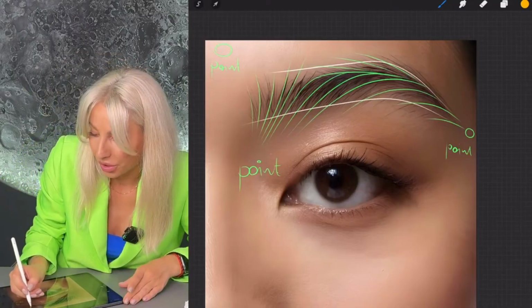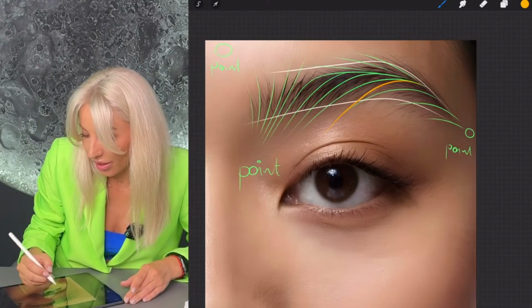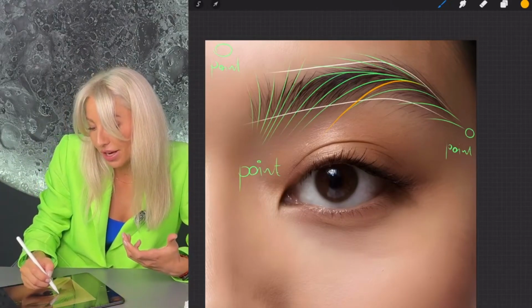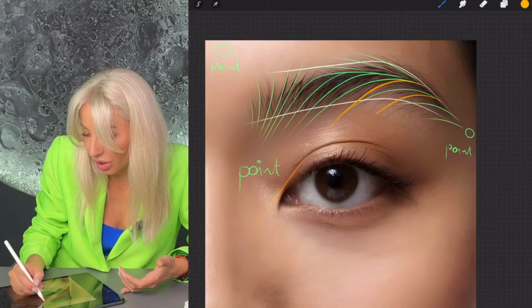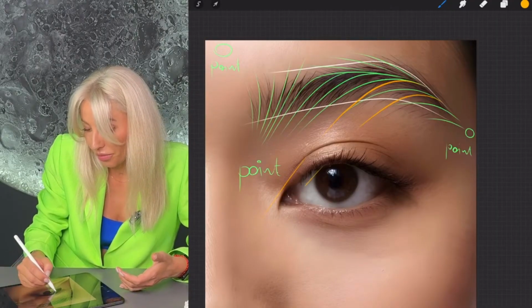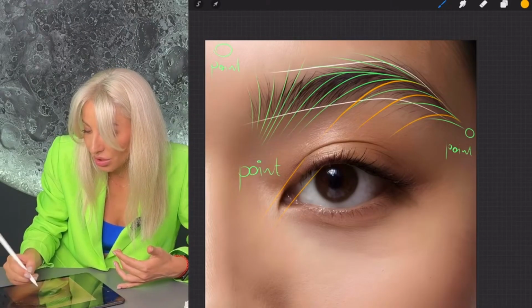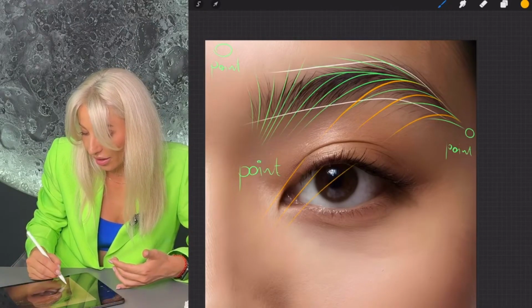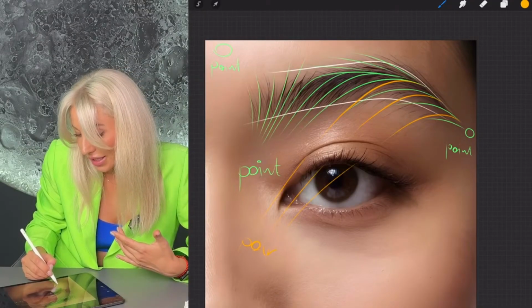For example, if you choose the method to draw them here, then you just change the direction and the point will be in another position, but all the additional strokes need to look almost at the same place.